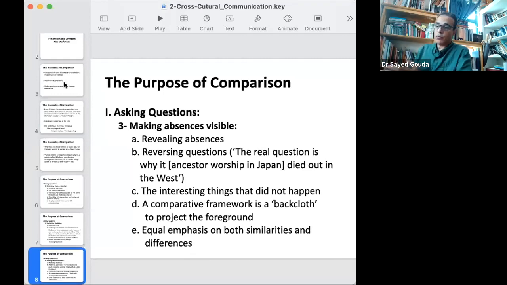And so we need to pay attention and to put equal emphasis on both similarities and dissimilarities, similarities and differences. Of course, when we contrast between two things, we focus only on the differences, okay? But when we compare, we focus on both similarities and dissimilarities or differences.